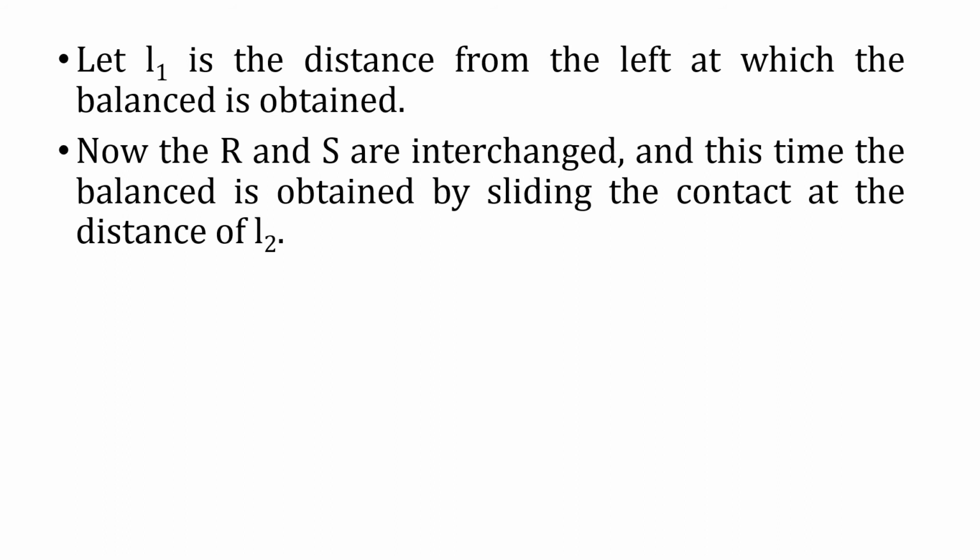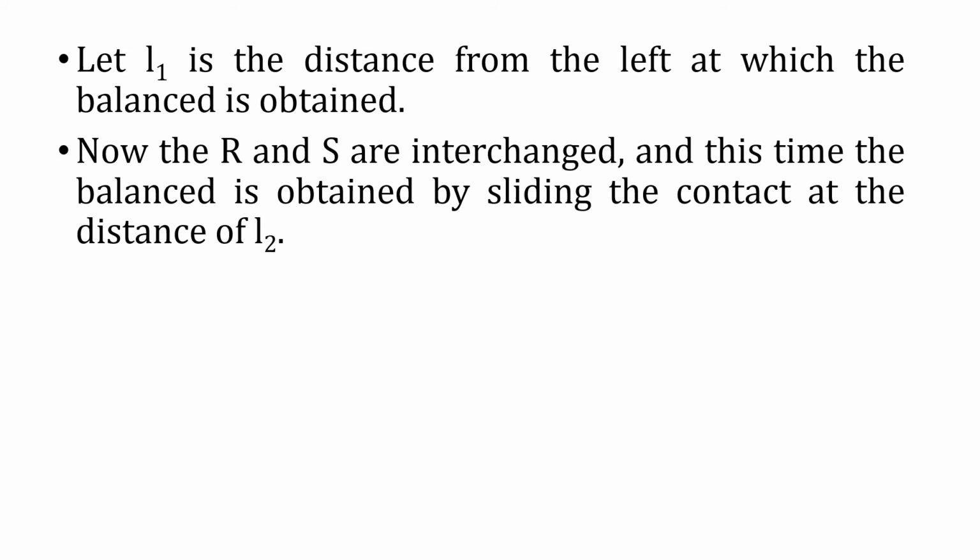Let L1 be the distance from the left at which the balance is obtained. Now R and S are interchanged, and this time the balance is obtained by sliding the contact to a distance of L2.